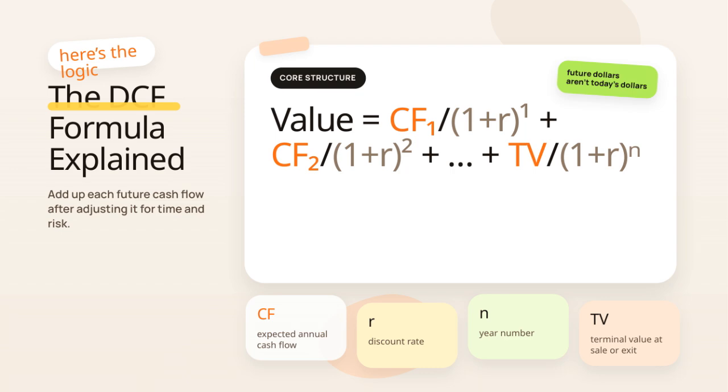And at the end, we add the terminal value, or TV, which is essentially what you expect to get when you sell or exit the investment. The discount rate, noted as R, represents the risk and opportunity cost of the investment, while N is simply the year number for each cash flow. This approach allows us to express all future dollars in terms of today's dollars, giving us a clear, present value estimate of the asset or investment.